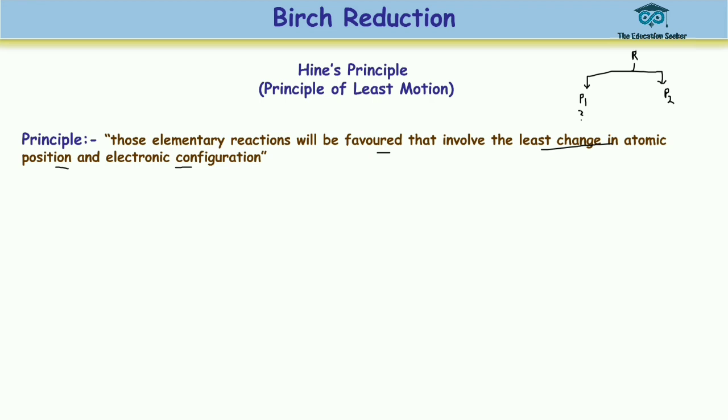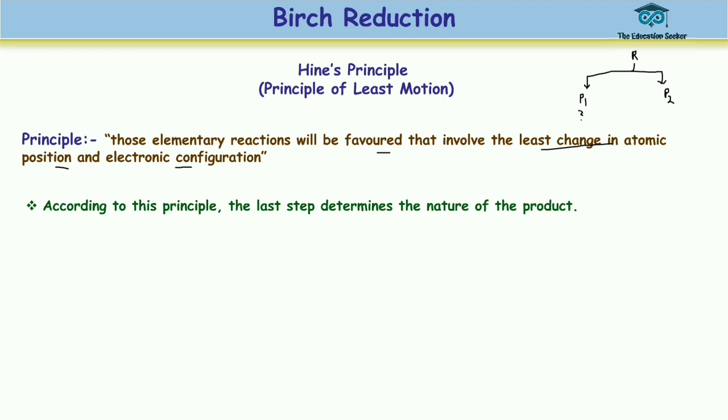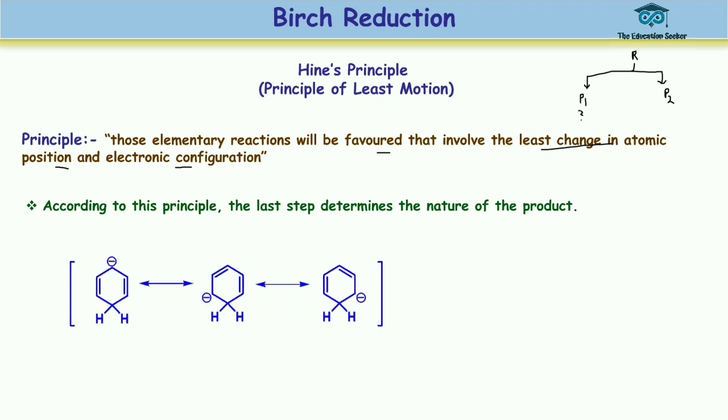So let us apply this principle to the reduction of benzene. According to this principle, the last step determines the nature of the product in the Birch reduction of benzene. Now we have three canonical structures, and if we draw the average picture out of these, it will look like this, where these values are average bond orders.